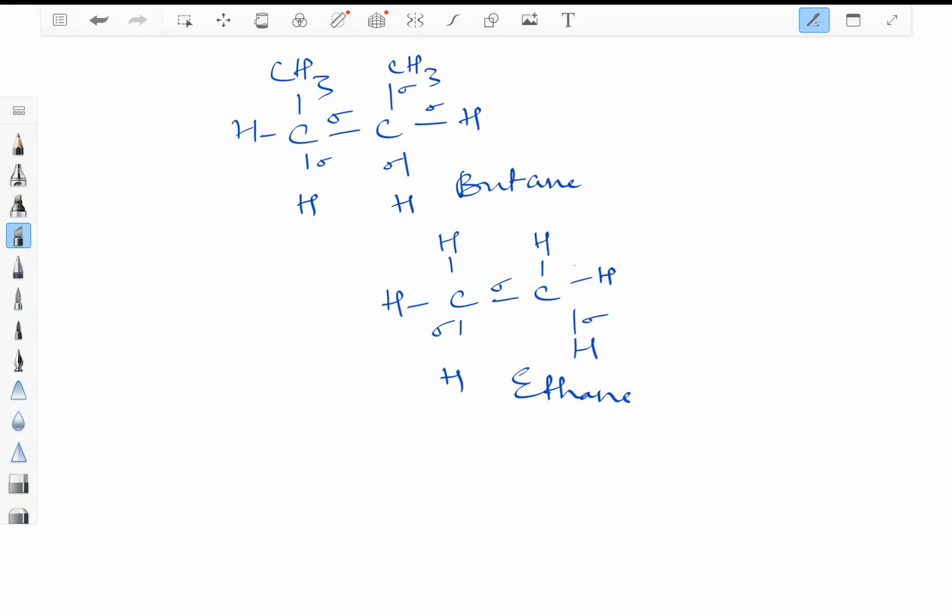We have already studied in detail in those videos. So in butane and ethane, there are sigma bonds. You need to remember that the basic difference between alkane and alkene is, in alkane you have single bonds, those are sigma bonds, and in alkene you have a double bond. Then this one is pi and this one is sigma.